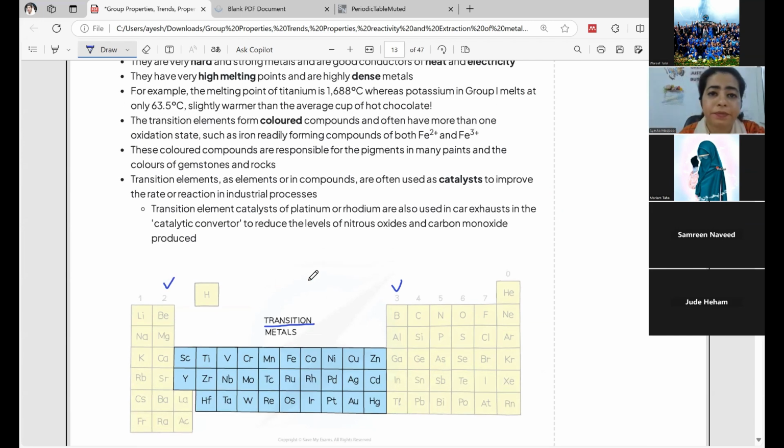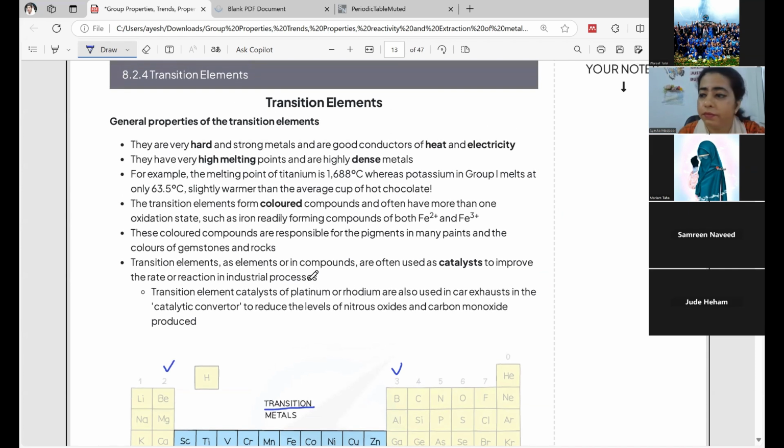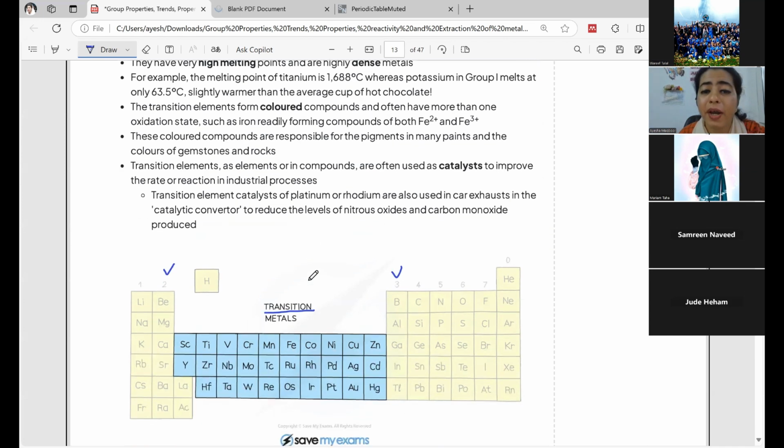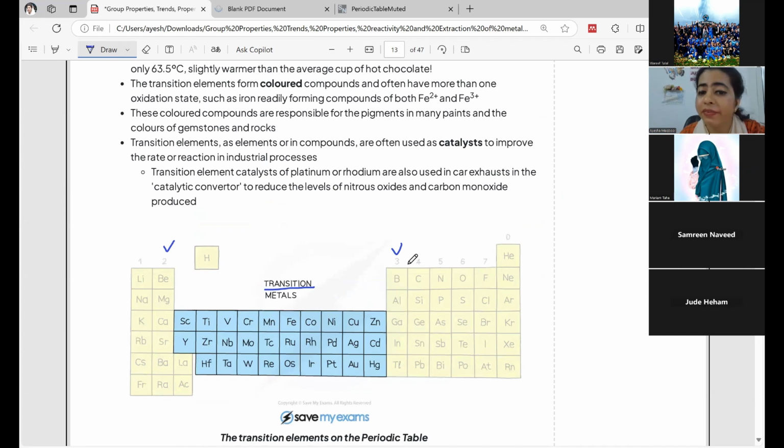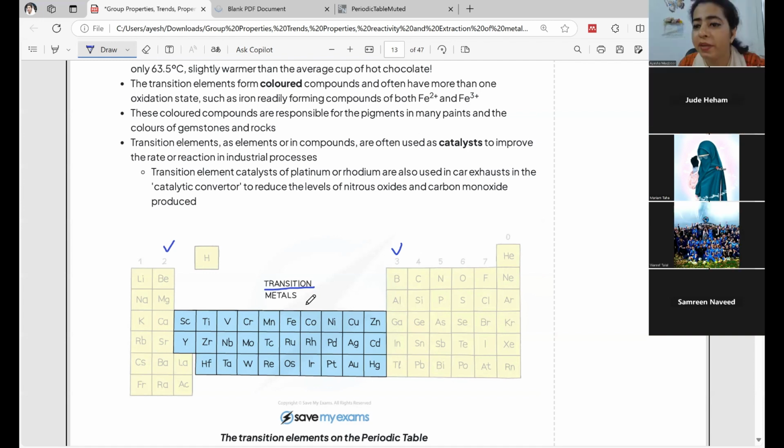Yes, Varif. Miss, group 1 and 2 are metals. Why are they not among the transition metals? Okay, we will talk about this as well. Why group 1, 2, or even 3 are not included in the transition metals. Transition metals have some different properties as compared to group 1, 2 metals or group 3 metals.